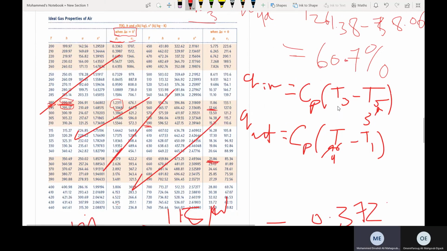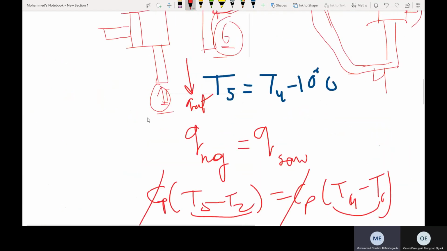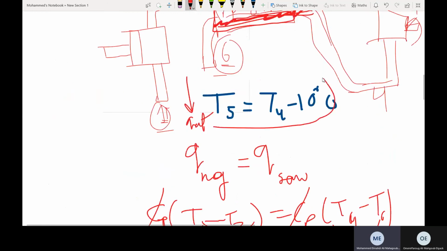So let's just calculate. T3, I know it. It is 1223, again from the question, the 950 degrees Celsius, the maximum temperature in the cycle. T5, yeah, so remember that we were given this thing in the problem. We calculated T4 using the TPK relationships.